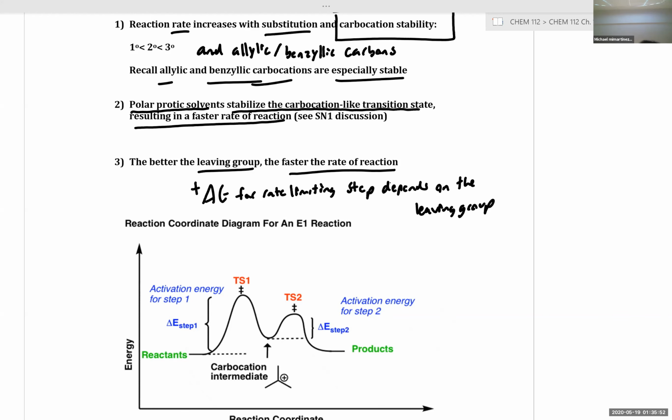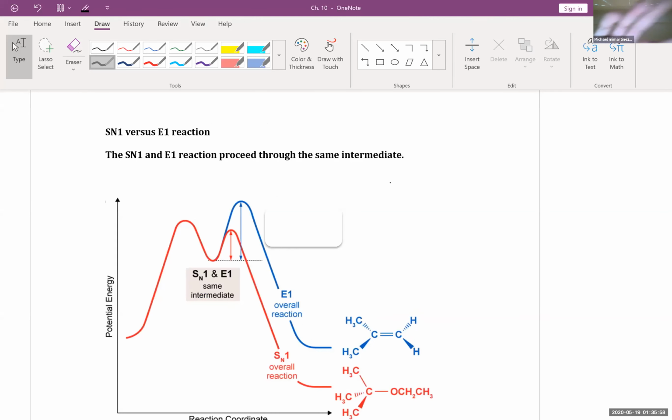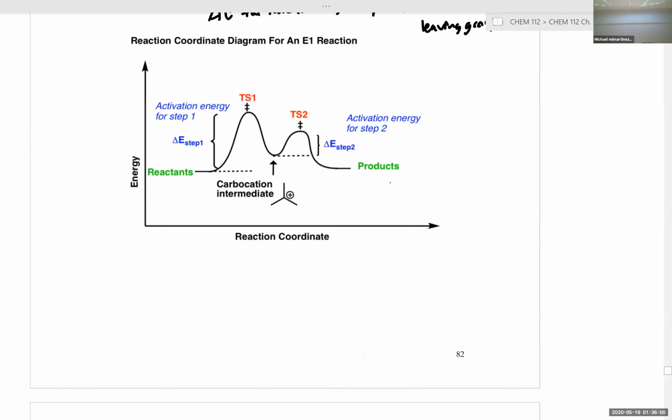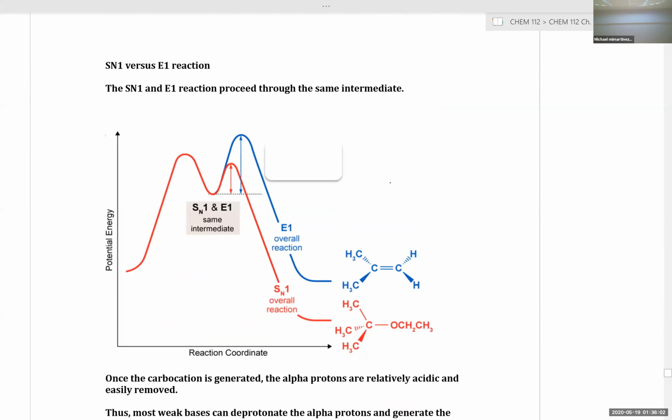Perfect. Okay, so the E1 is very similar to the SN1 in terms of character. So you often see the E1 and SN1 reactions competing. And in fact, the SN1 and E1 reactions proceed through the same intermediate, where step 1, which is loss of the leaving group, is rate limiting.